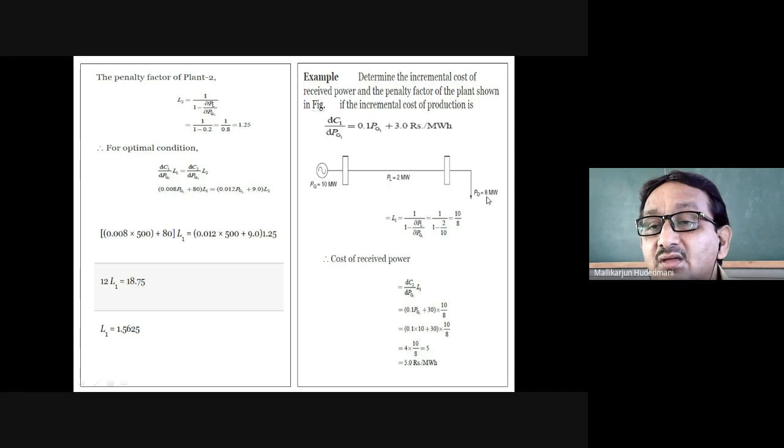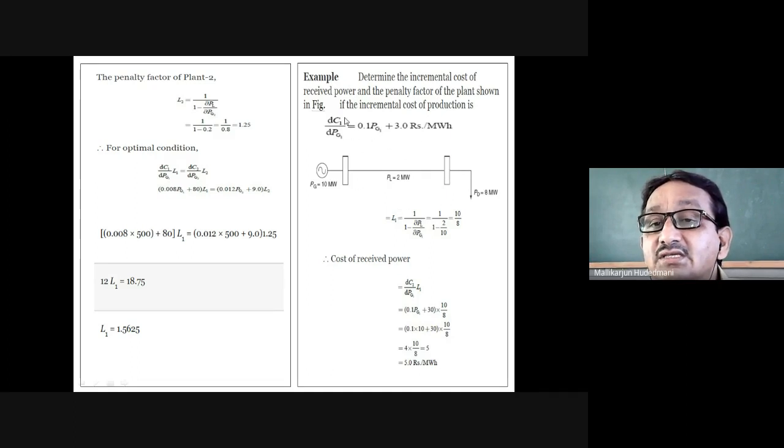To meet a load of 8 megawatt, it is scheduled at 10. It means 8 plus 2 meets your requirement in the ideal scenario. So determine the incremental cost of received power and the penalty factor of the plant for the system shown here.